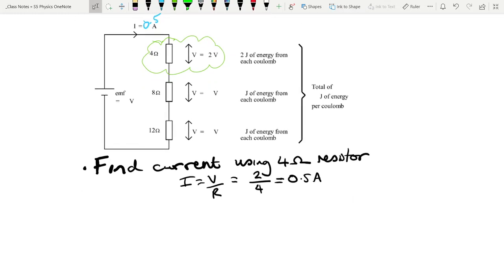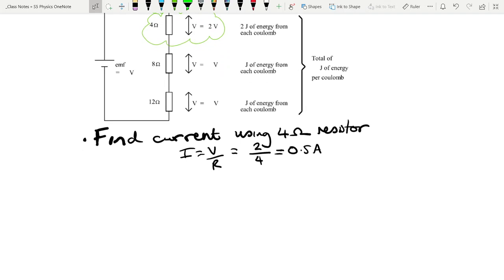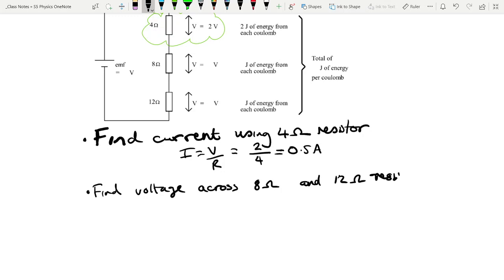And now, because we know the current and we know the resistances, we can find the voltage across each one of the resistors. So find the voltage across the 8 ohm and 12 ohm resistors. And to do that, we just do V equals IR. So the voltage across the 8 ohm is 0.5 times 8, which is 4 volts.